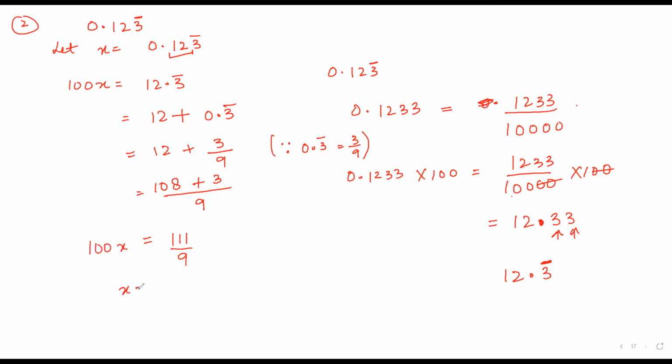So your x will become 111 divided by 9 into 100, right? So your x is 111 divided by 900, and then you can write that 0.123 bar is equal to 111 divided by 900. So you have converted your mixed recurring decimal into the form of p by q. Clear?